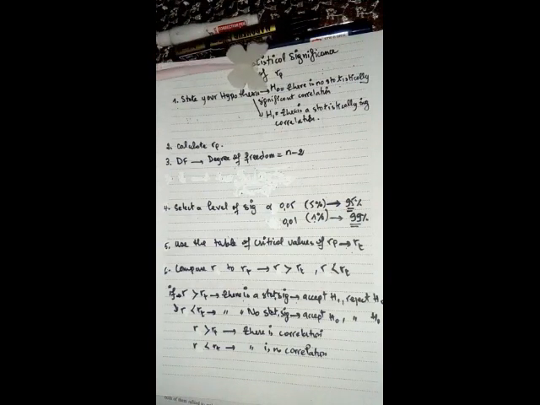Now, what are the hypotheses? The H0, or the null hypothesis, says that there is no statistically significant correlation. And the alternative one says the opposite, that there is a statistically significant correlation.